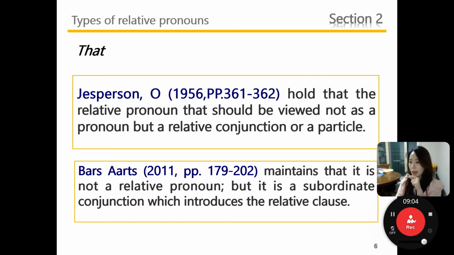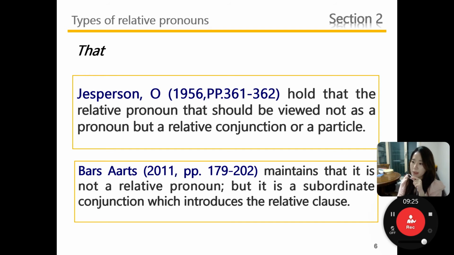Generally, that in the relative clause has been referred to as the relative pronoun, but Bertsch maintains that it is not a relative pronoun, but just a subordinate conjunction which introduces the relative clause.